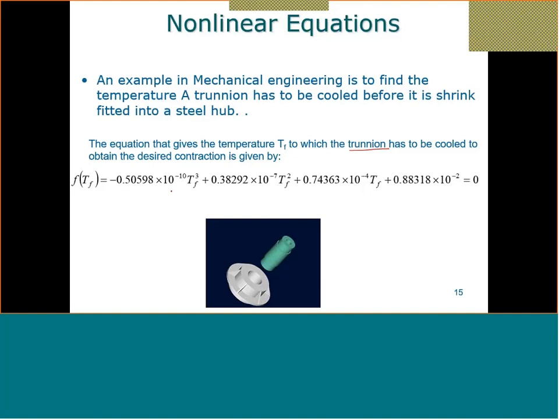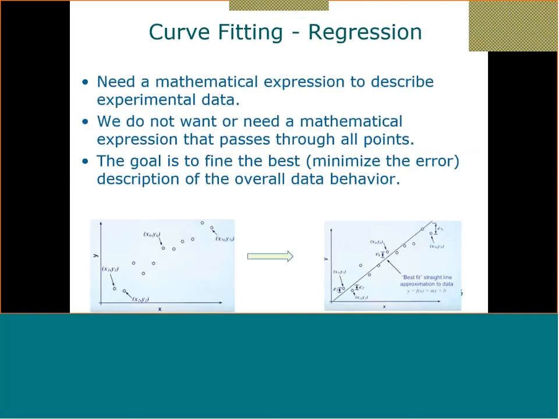As you can see here, this is a highly nonlinear equation that you cannot solve using the normal ways that we know for solving linear equations. So this is another nonlinear equation that we have to solve. And there are tons of examples of nonlinear equations that you will see in your engineering discipline.